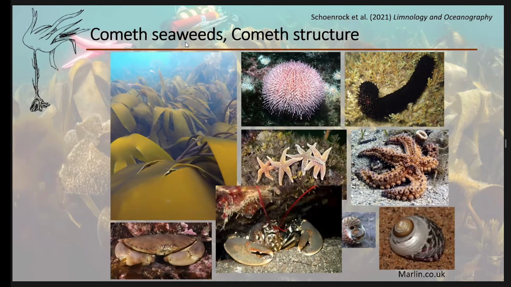Then seasonally, we see a lot of juvenile gadoids in the water column. You can sort of see them; they're very tiny, so in this picture you can only see a few here and there. But we also see a lot of crustaceans: quite a lot of common or edible crab, spiny crab, and then the lobster as well.